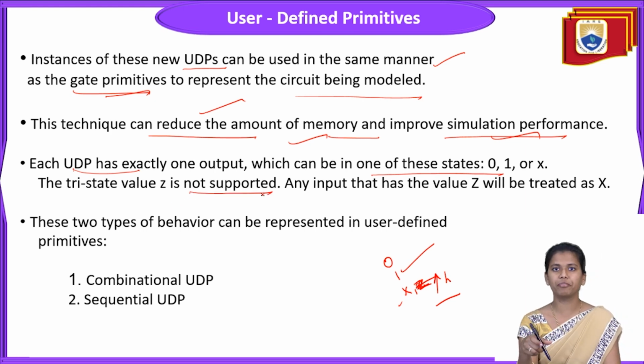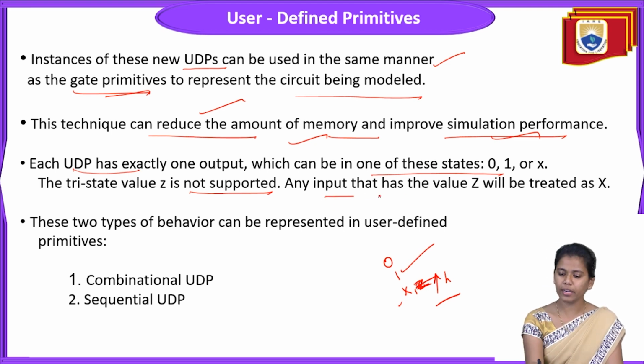For such small gates, the high impedance is not supported. Any input that has a value Z will be treated as X.